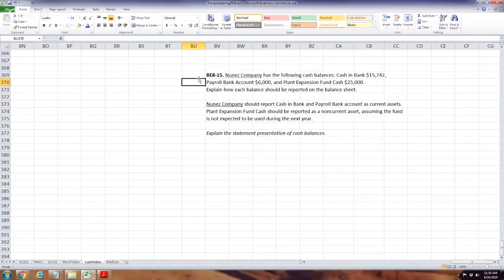I don't want to say restricted cash, but 15,742 is your main cash number. If you're restricting 6,000 to use for payroll, you're restricting that use so you're not using it for something else. That's also a current asset. And the plant expansion fund is also restricted, but it's a non-current asset.